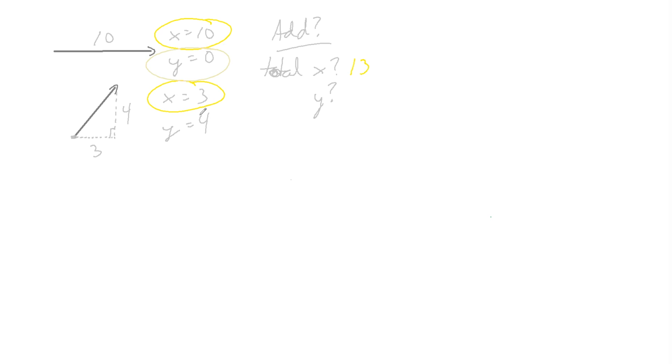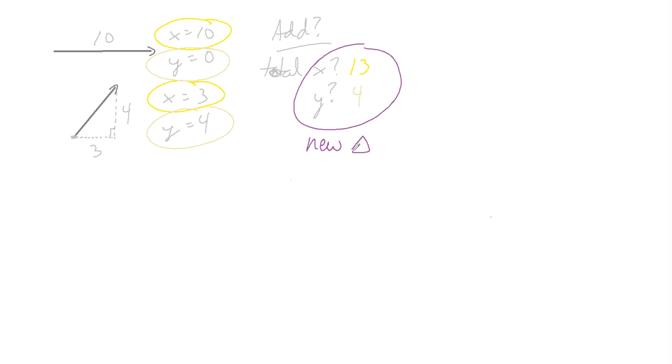I've got 0 there, I've got 4 there, my total y component is 4. So I find my total x and I find my total y, and then you take these two totals to make a brand new triangle.